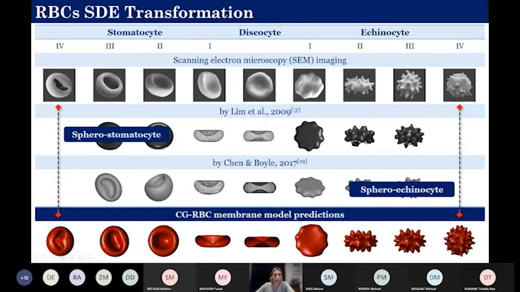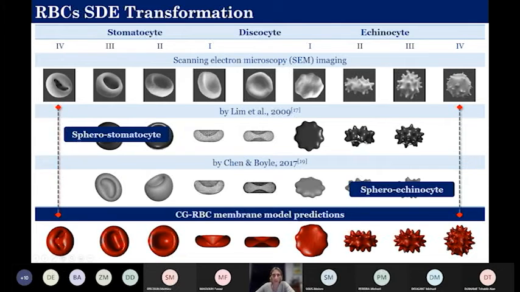I'm not going to go into the details of the computational method, but basically it's an energy-based approach based on coarse graining, and it's an energy minimization problem that we are solving, basically representing the membrane of the red blood cells by a number of particles that are connected, and setting up some mechanical characteristics of the interaction between the particles, such as bending stiffness.